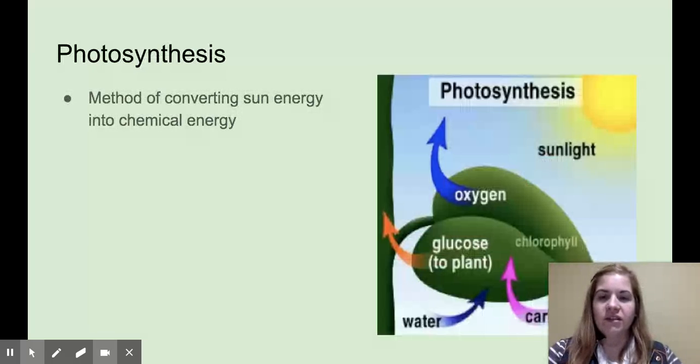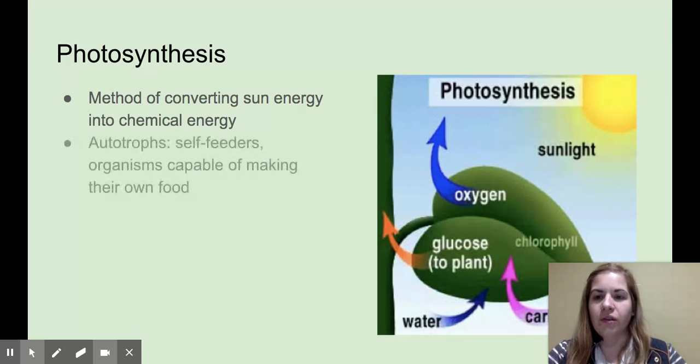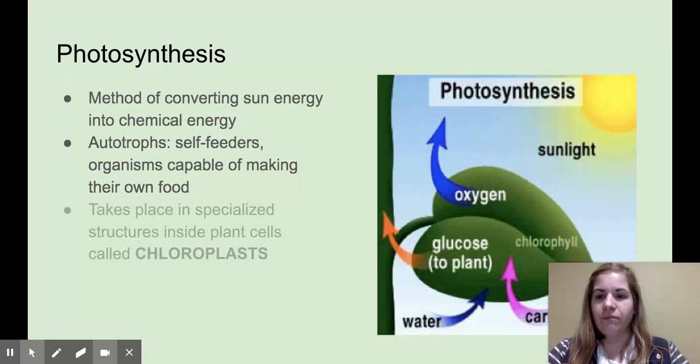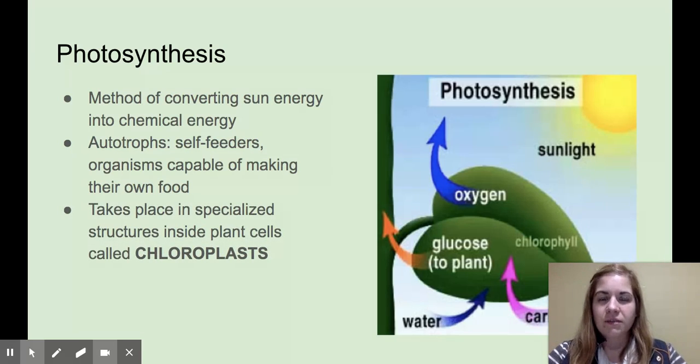Now, for photosynthesis, like I said, it's a method of taking that light energy, or energy from the sun, and turning it into chemical energy. For autotrophs, those would be, again, self-feeders. They're making their own food. And when this is taking place, these specific organisms have chloroplasts.